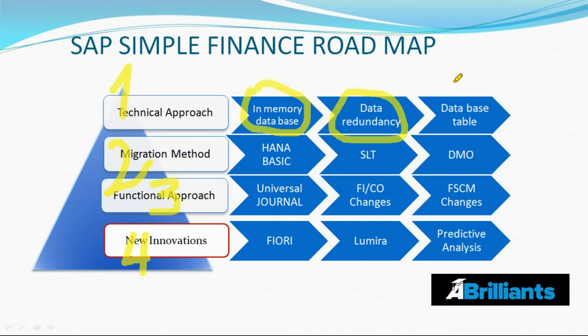The next one we talk about is database tables. Unlike the traditional versions of SAP ERP, ECC 6 or ECC 7 editions, where we looked at how data are analyzed in tabular forms, most often in row forms, with the existence of Simple Finance these data tables have been transformed into columns.